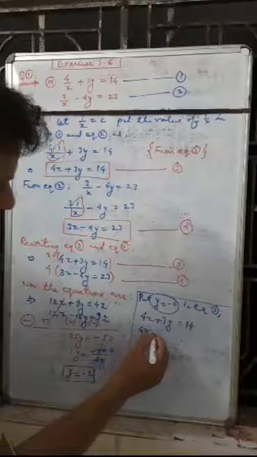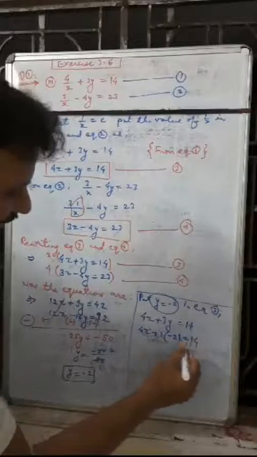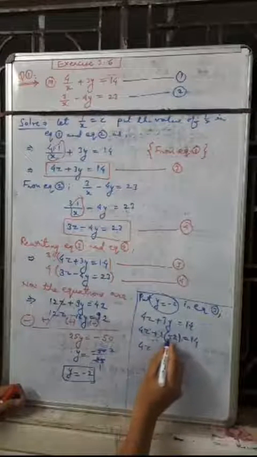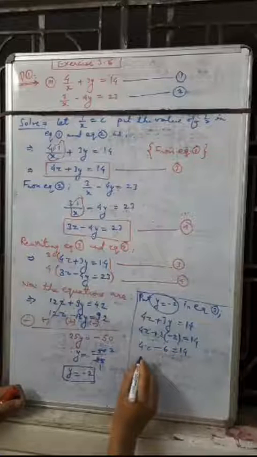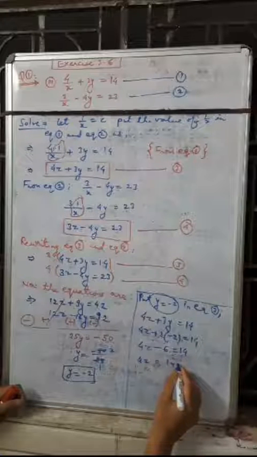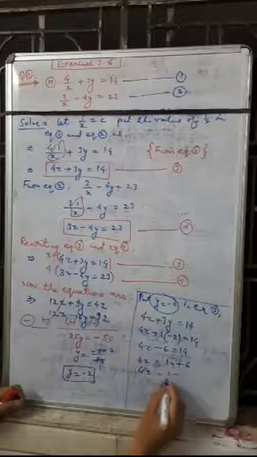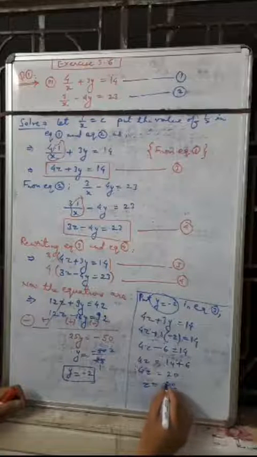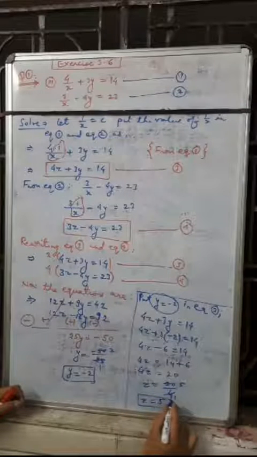So 4z plus 3 into minus 2 is equal to 14. So 4z minus 6 is equal to 14. Transfer minus 6 to the right-hand side, so it becomes plus. So 4z is equal to 20, so z is equal to 20 by 4. 4 times 5 is 20, so we get the value of z is equal to 5.